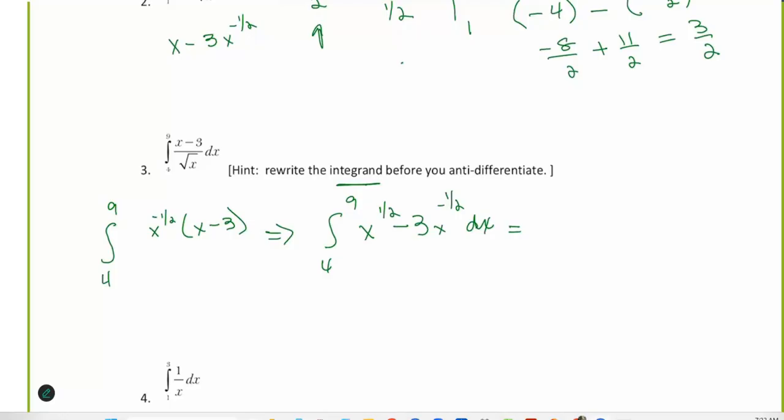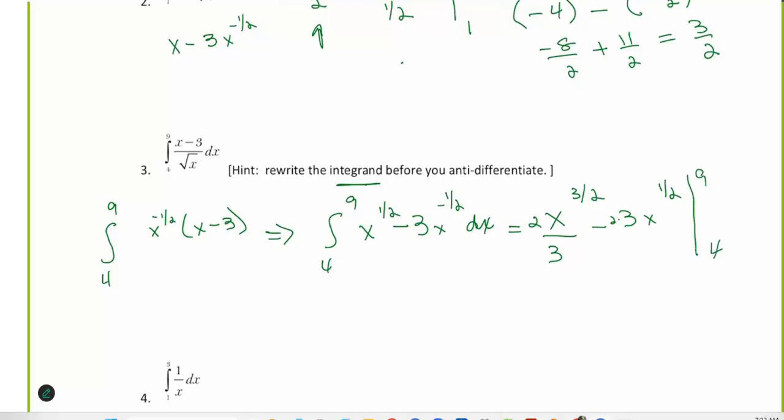So that's going to become x to the 1/2, add 2/2, that gives you 3/2, divide by 3/2 or multiply by 2/3, minus 3 comes along, add 2/2, you get another x to the 1/2, and you can divide by 1/2 or you can multiply by 2. So I'm going to put a 2 here, and then I'm going to evaluate that from 9 to 4.